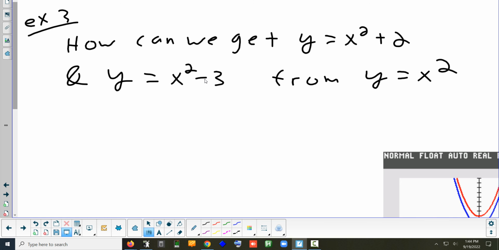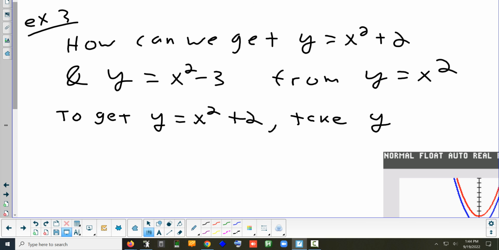So how can we get y equals x squared plus 2 from y equals x squared? To get y equals x squared plus 2, let's say take the original and shift it up 2. That's how I would say it.